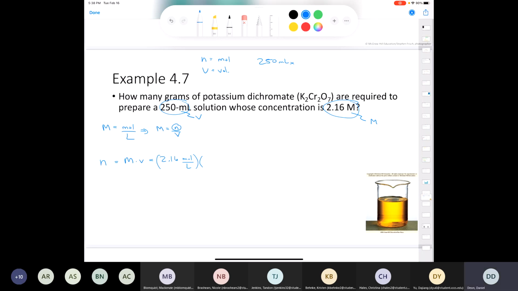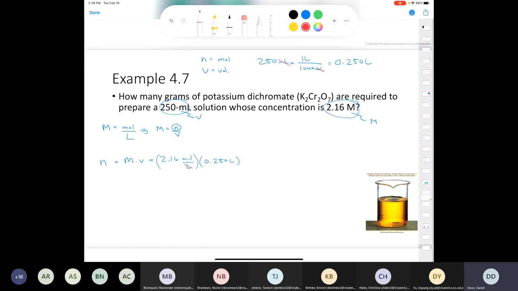Yeah, there's 1,000 milliliters in 1 liter. You can see that milliliters cancel out, and we get that our volume in liters is 0.250 liters.